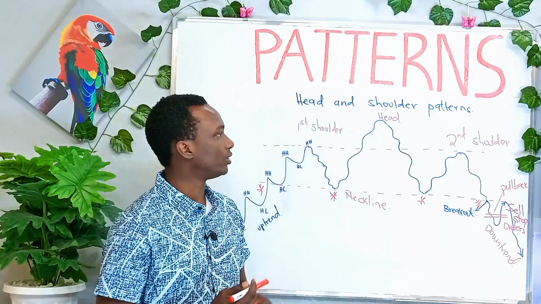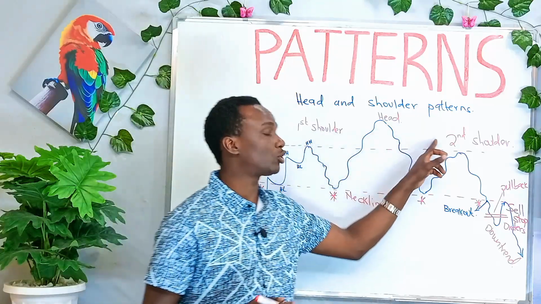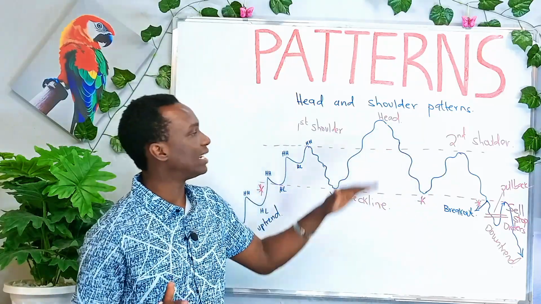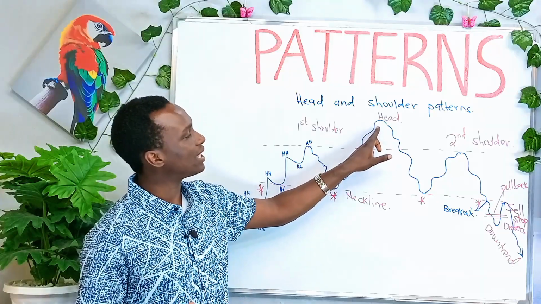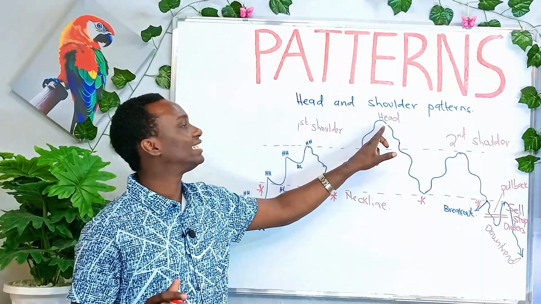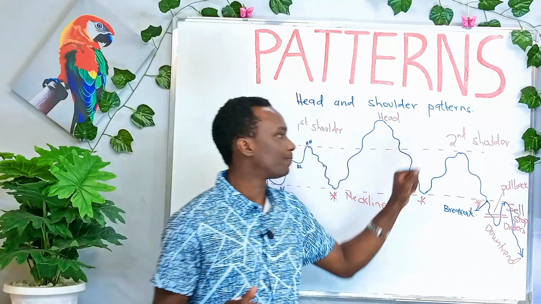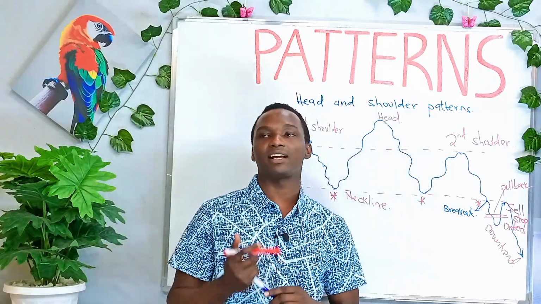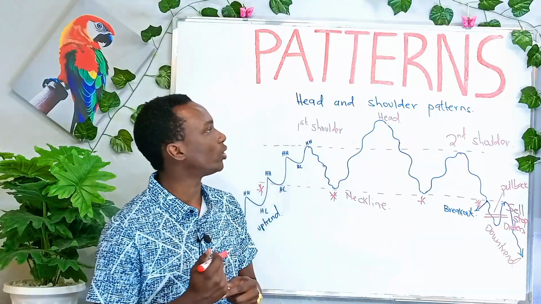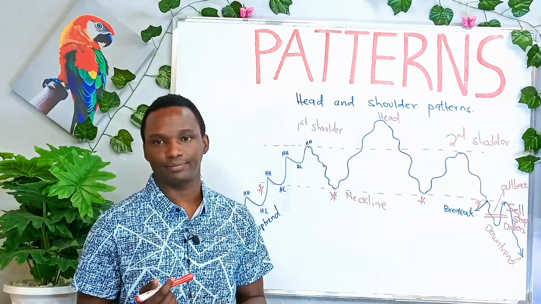Okay, good. As I said, these two peaks, the two shoulders, are similar in height, but the third peak appears in the middle and it is the highest of the three peaks. That informs you that you are having a head and shoulder pattern.